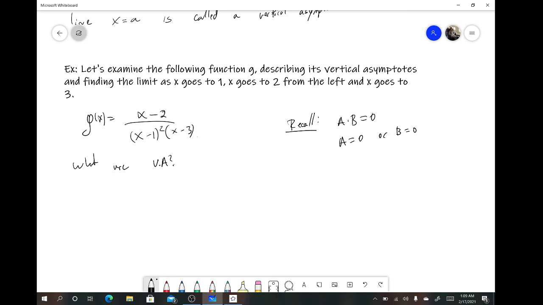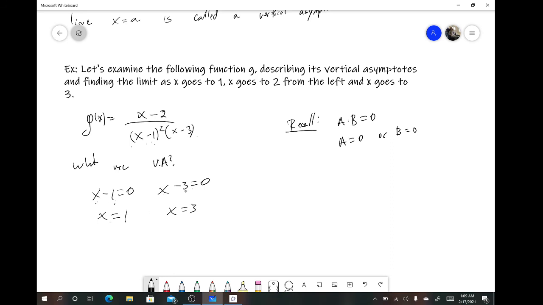So here we have x minus 1 times x minus 3, and we really have two x minus 1s being multiplied because it's squared. So I really just have to worry about when x minus 1 equals 0 or x minus 3 equals 0.